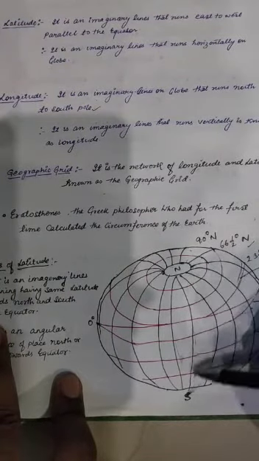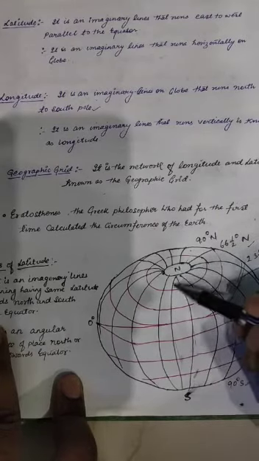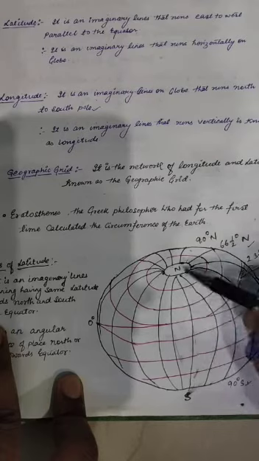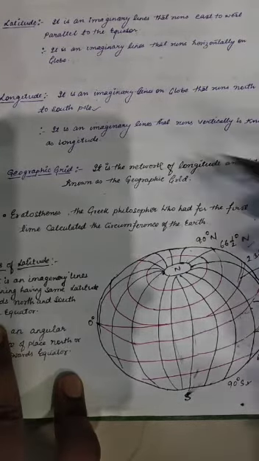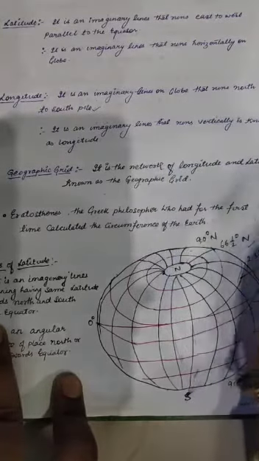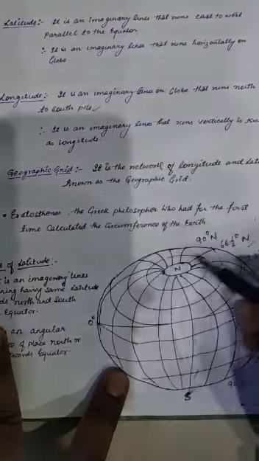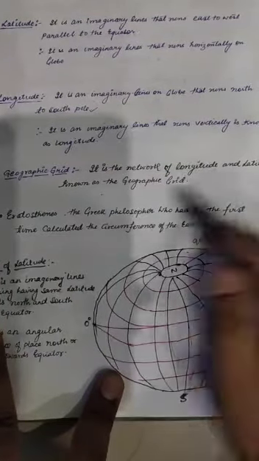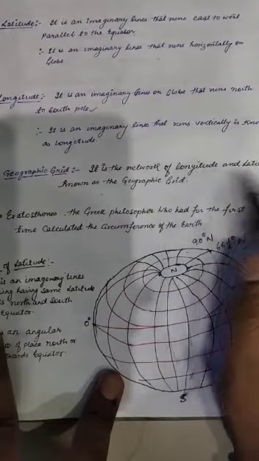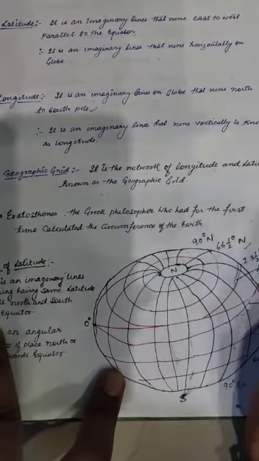In another word, you can say it is an imaginary line that runs vertically on the globe, known as longitudes. So what is geographic grid? It is a network of longitude and latitude.